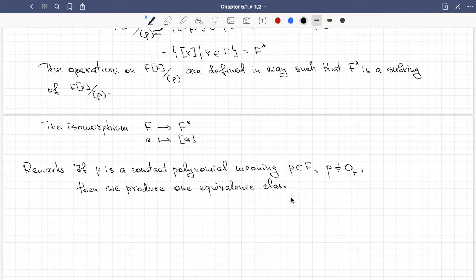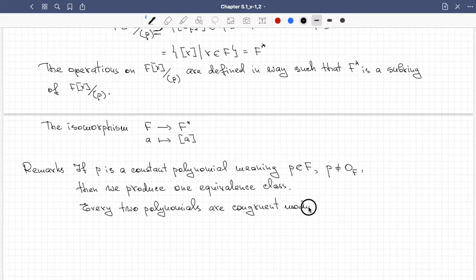That is because every two polynomials are congruent modulo a constant polynomial non-zero.